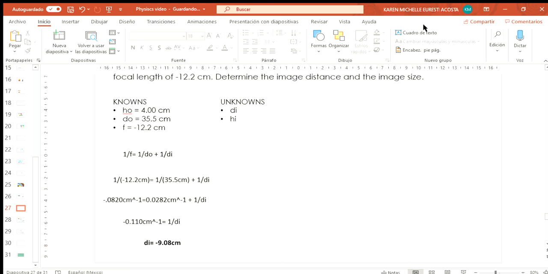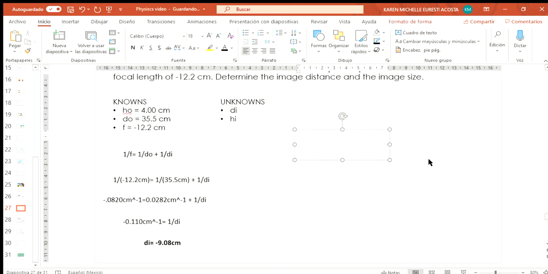And now for the height, we are going to use the formula that is hi over h0 equals di over d0.